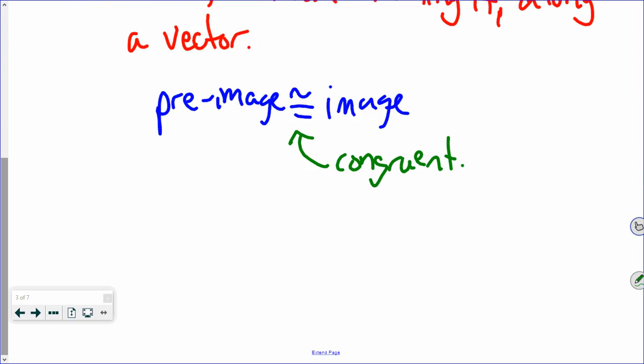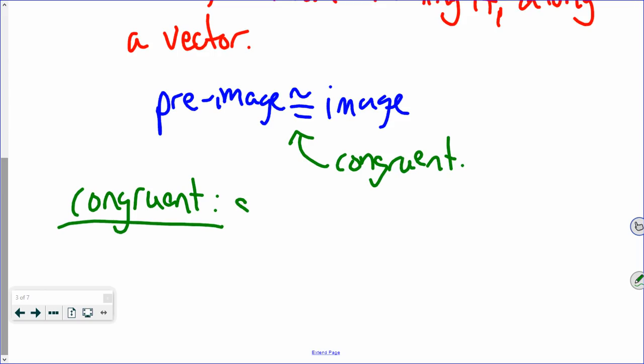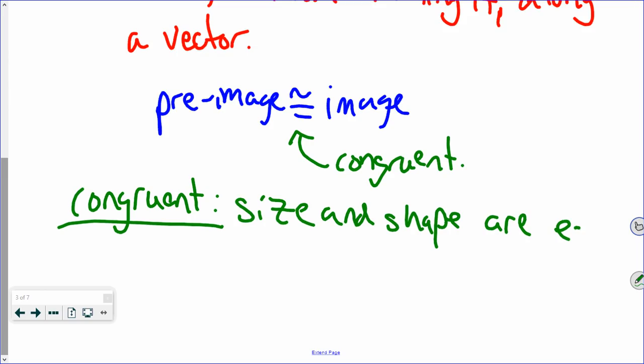Congruent just means size and shape are equal. Please make sure to put all the vocab words with their page number in your glossary.